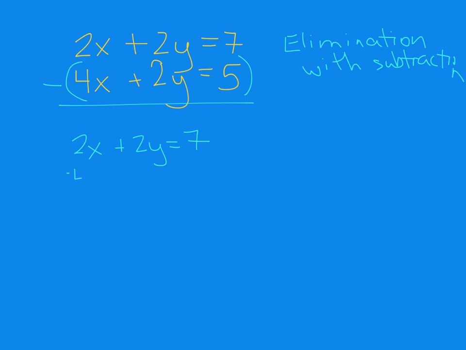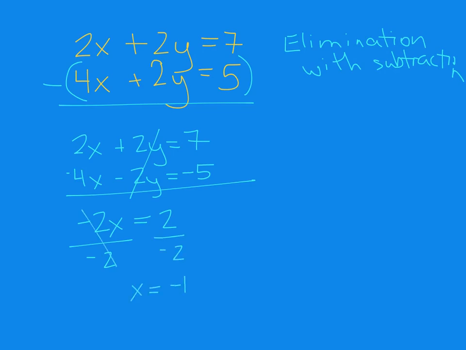So that would be negative 4x minus 2y equals negative 5. When I do that, 2x minus 4x is negative 2x. My y's would cancel out. 7 minus 5 is 2. So I need to divide both sides by negative 2, and I get x equals negative 1.